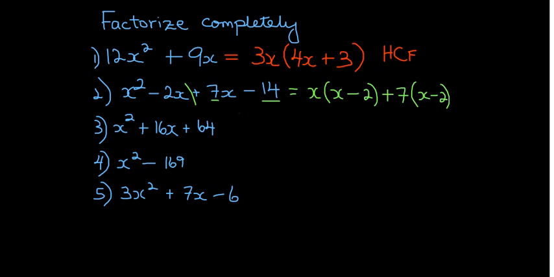It was a positive 7 that was common between the positive 7x and minus 14. For people who have trouble with signs, try using the little shortcut. It will help you. You know your binomials have to be the same, and therefore write this down first so you'll remember that these two have to be the same, and then you can find out what your common factor is. So now what do we do here? Do we stop right here, or is there something else to do?